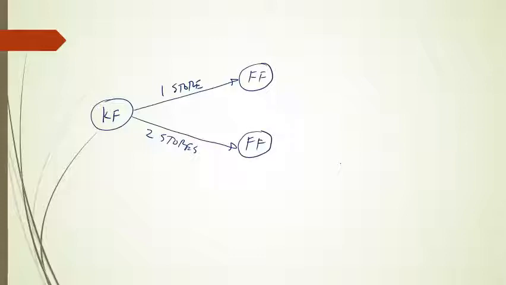So King Foods can either choose to build one store, that would be the upper path, or two stores, the lower path. And then after that decision is made, Fresh Foods can choose between entering and not entering. So we call these a system of nodes and connectors. So enter or not enter.